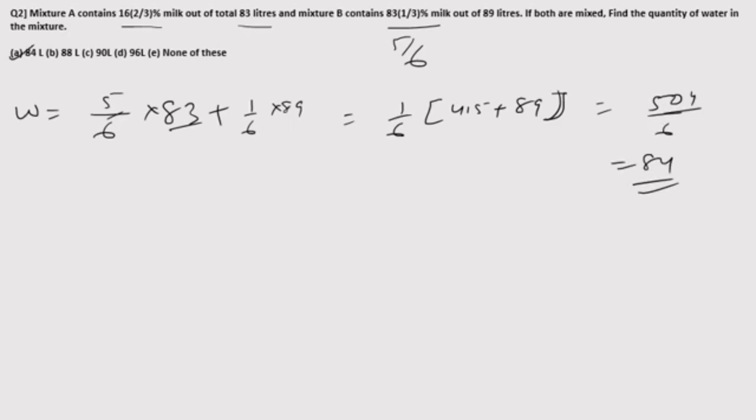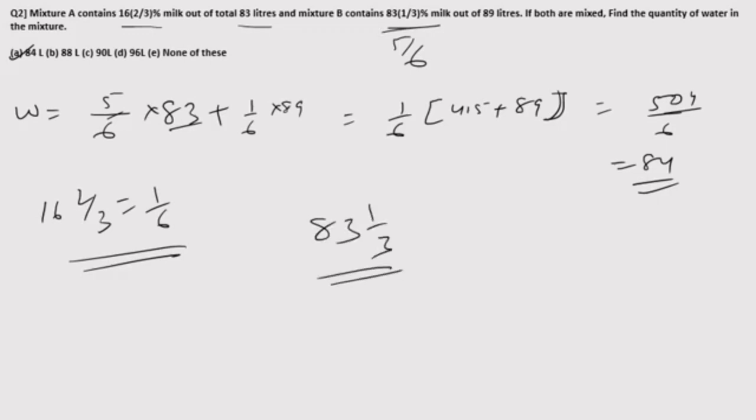Now 16 whole 2 by 3 is 1 by 6, you all know this. 1 to 1 by 30, percentage by fraction equivalence, you should be knowing. Now coming to this 83 whole 1 by 3, how to find the value of this? This is basically 83.33 percentage. I know 8.33% is basically 1 by 12, right?